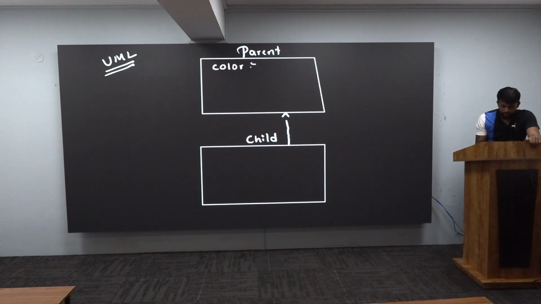So that I will tell you. Color equal to. What colors are? Maybe I will take it as Indian color, brown color. Correct. Parent will be having something known as eye color also. Am I correct? So what eye color? Black. Very good. It is brown again.